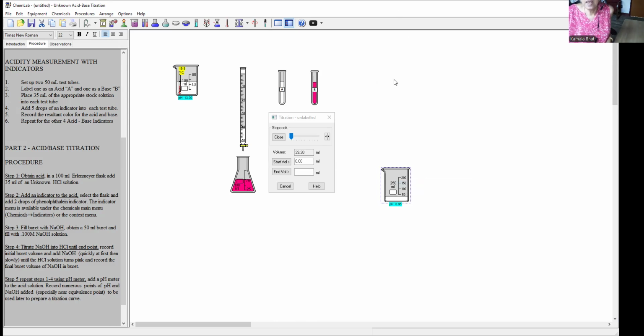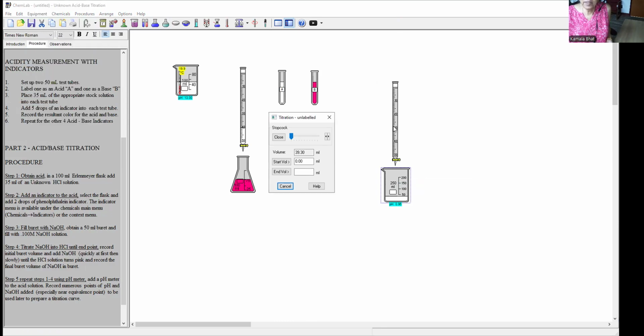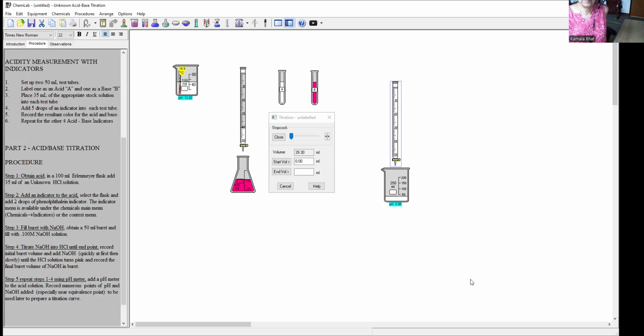Then I'm going to get a 50 ml burette and add the chemical sodium hydroxide, 50 mLs, and say okay.